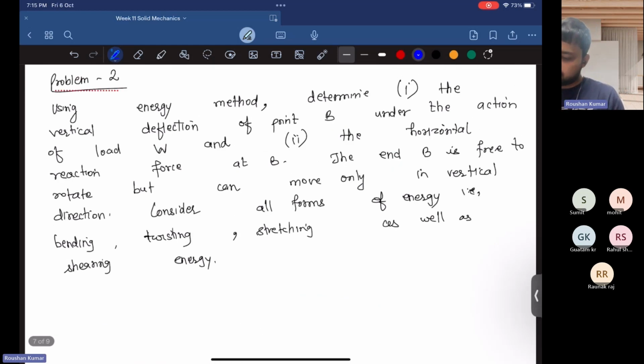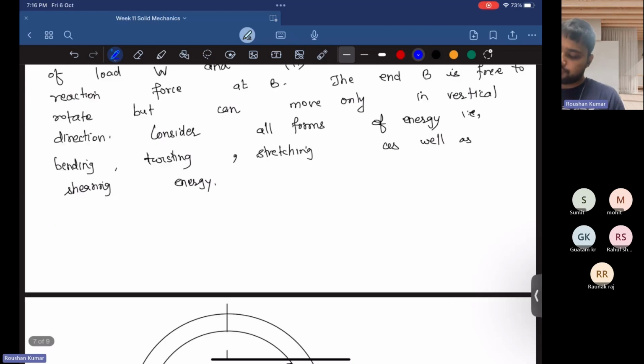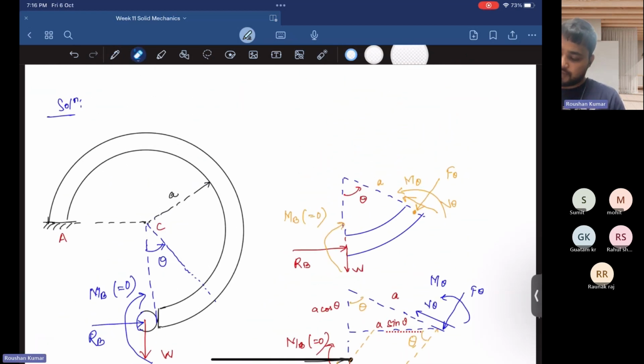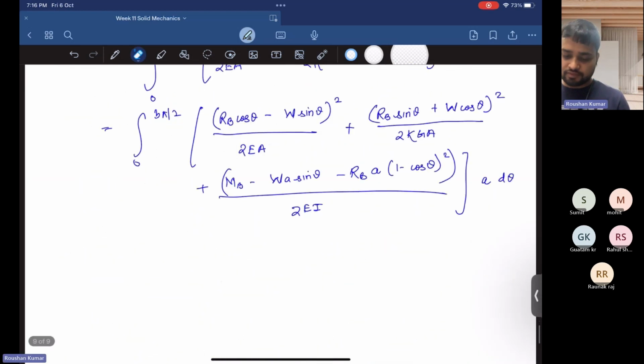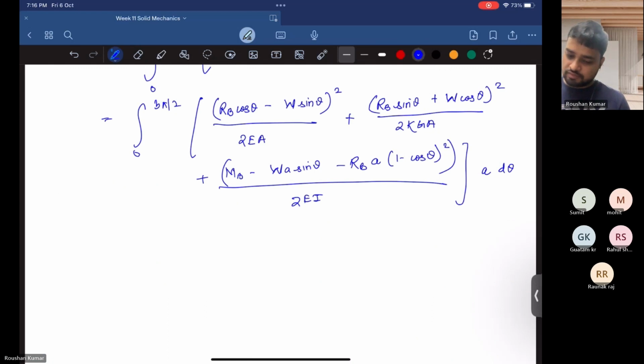Now we have to find the vertical deflection of point B under the application of load W and the horizontal reaction force at B. You can see here that there is no horizontal displacement happening at B. So the derivative of total energy with respect to RB is equal to 0, because there is no horizontal displacement here, only vertical displacement.